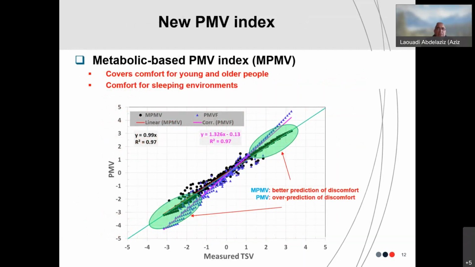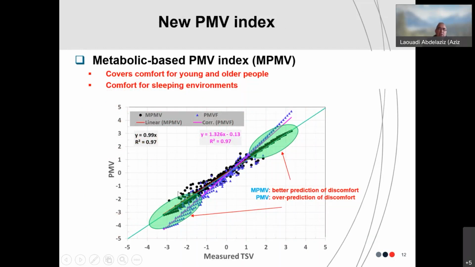In our work, we have improved the PMV index and developed a new index called the metabolic-based PMV index. This index covers comfort for young and older people and the sleeping environment. And the model has been successfully validated using public domain measurement data, as shown in this figure.